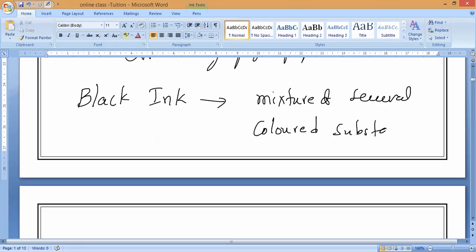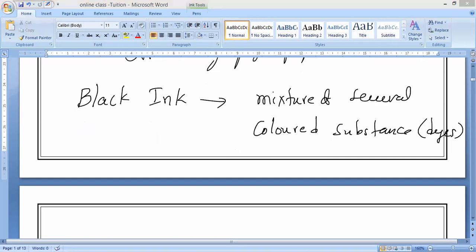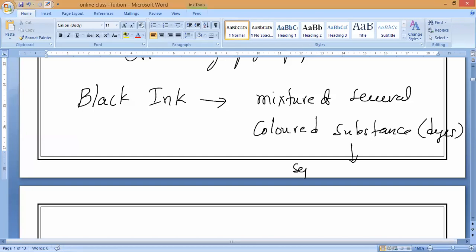Colored substances means dyes. That is what you should remember. It is a mixture of several colored substances, dyes, which can be separated by paper chromatography.